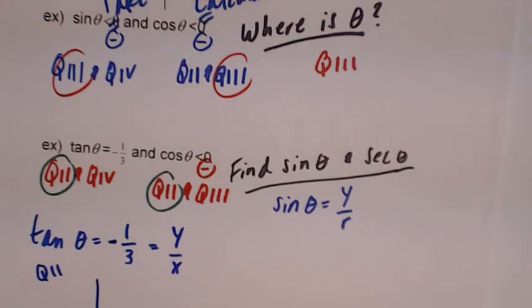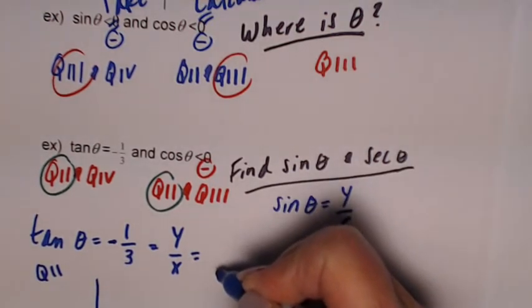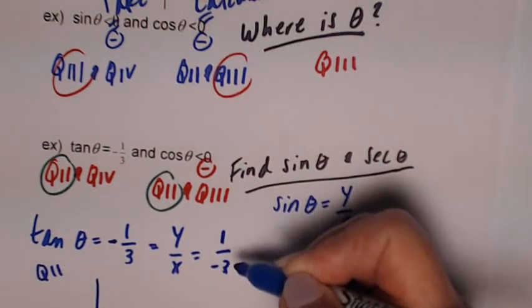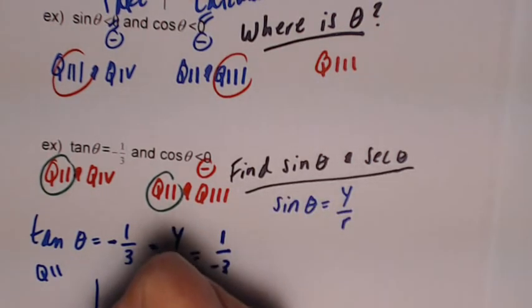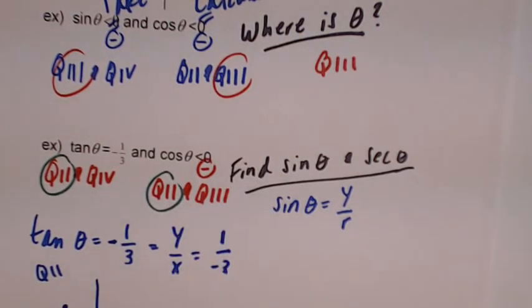What happens in Q2? X's are negative here and Y's are positive. So that means our X is -3 and our Y is +1. If we were to draw this, we would go 1, 2, 3, and then up 1, so our point would be here.